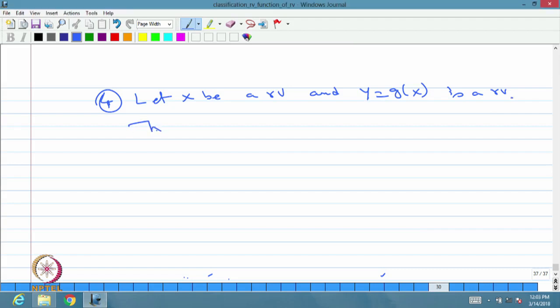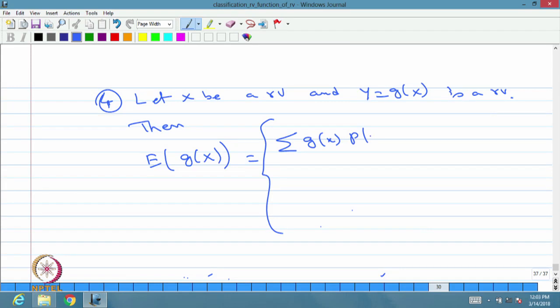Then you can find the expectation of g of x. That is the same as the summation of g of small x times the probability that x takes the value x, summation over x, if the random variable x is a discrete type.